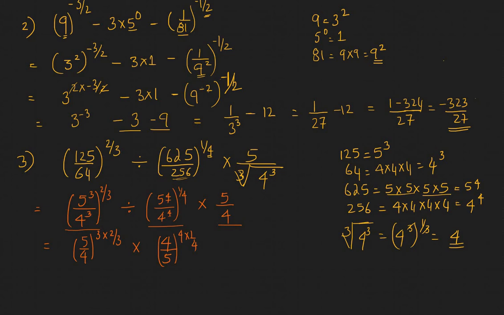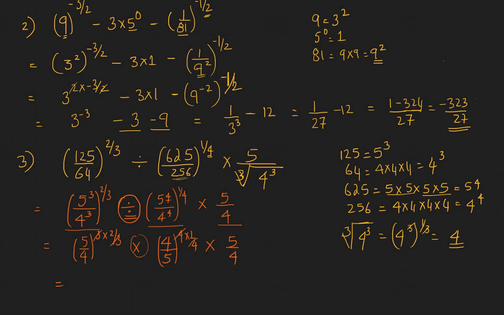So I take the reciprocal because of this division here. Whenever I have a division, I take the reciprocal and replace it by multiplication. That's into 5 by 4, and this will get cancelled, and here also will get cancelled.